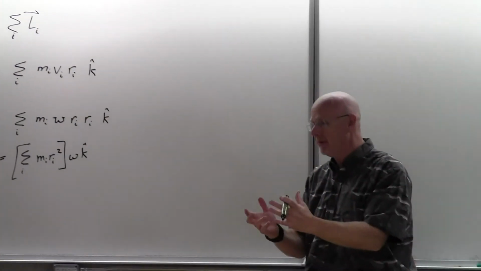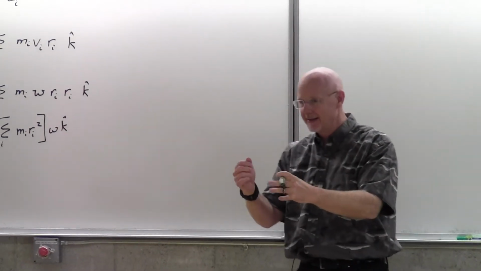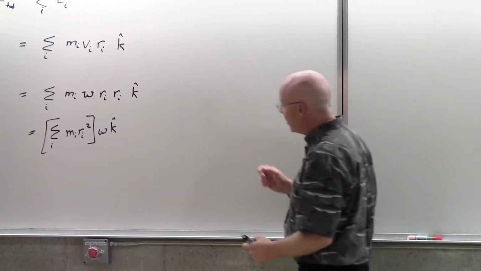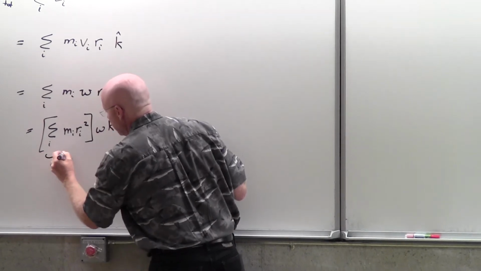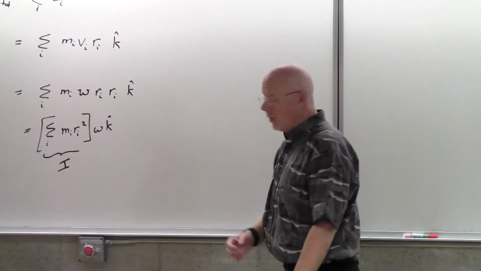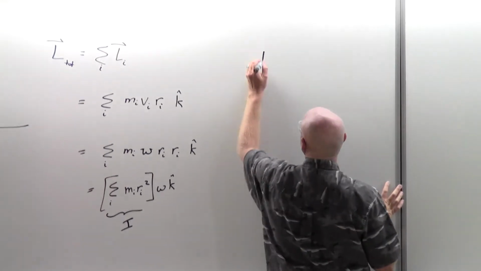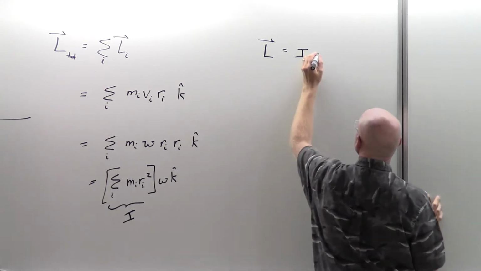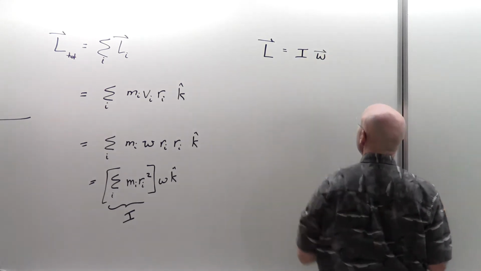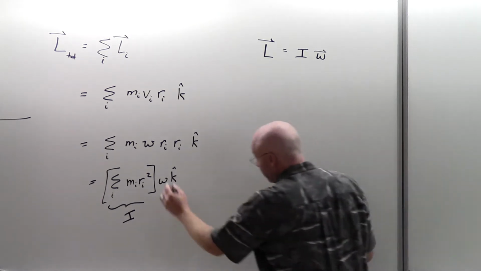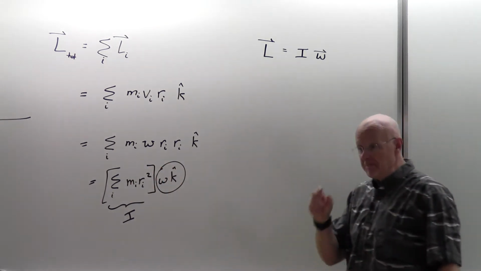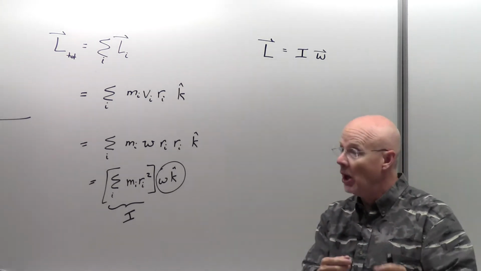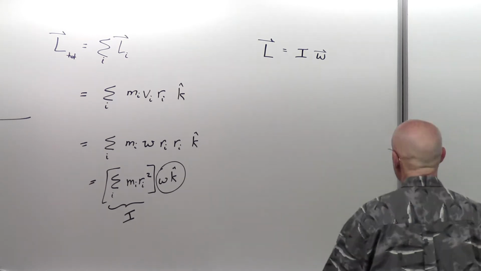And we saw that already before. What is that? Right, that's the moment of inertia. And so this then is the symbol I. Put another way then, the angular momentum is the rotational inertia times the angular speed. And I'm going to put the vector over it here, since the magnitude of the angular speed together with the direction of the angular speed would be the angular speed vector.